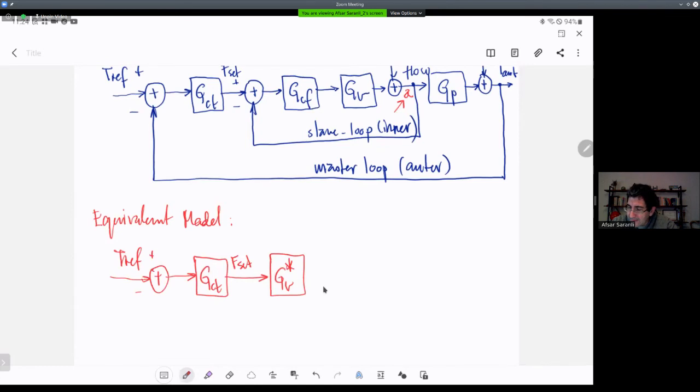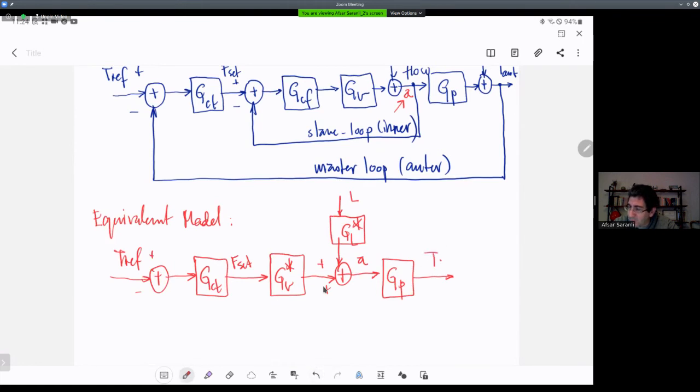Then we still have the disturbance here, but now the flow disturbance goes through an equivalent transfer function, which we call GL star. So the flow disturbance goes in, and then we obtain the A variable again, and that drives the plant model, which results in T out.